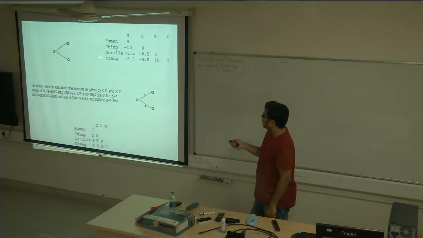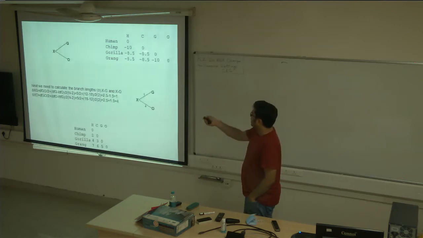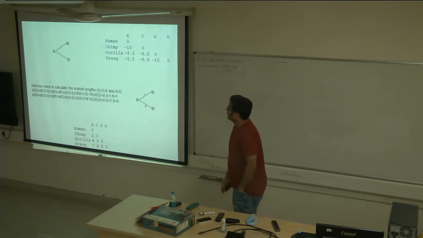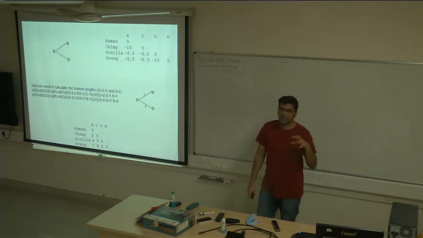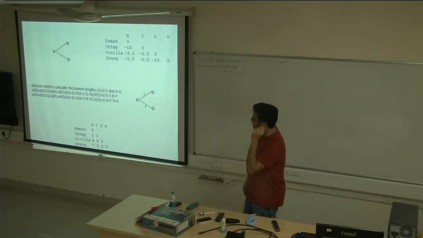So it's the same matrix here. From this, you now pick the taxa with the lowest distance. Okay, so which is the taxa with the lowest distance?